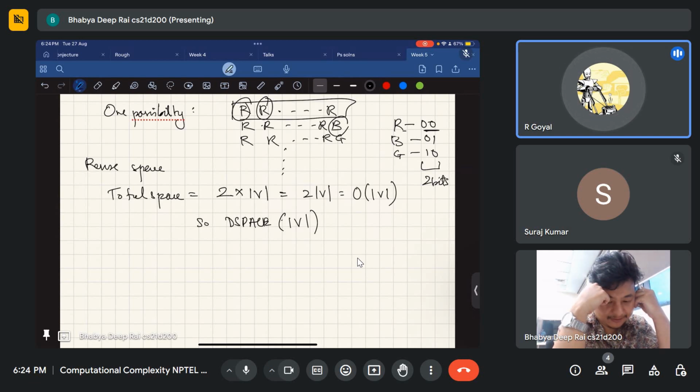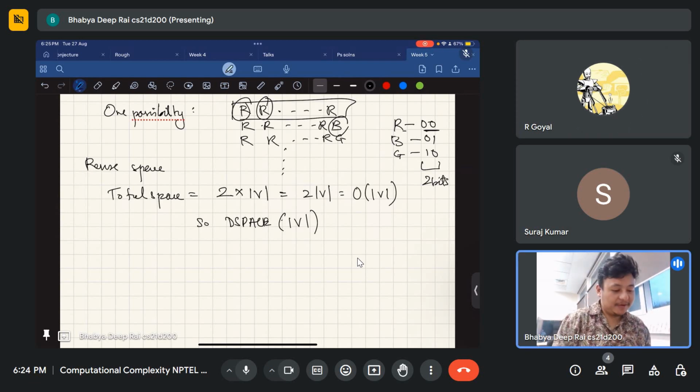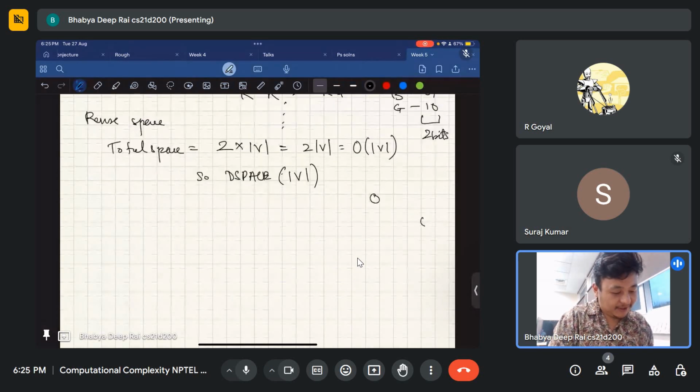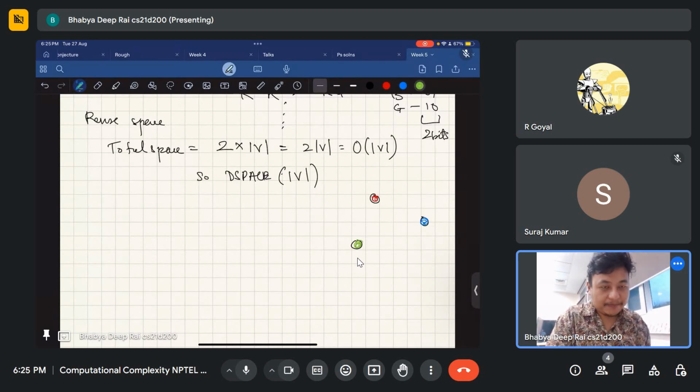So on this tape, instead of storing the colors of all the v vertices, I just need to maintain the colors of the 3 vertices only, or at the most 4 vertices. On the working tape, to measure the space complexity, I just need to maintain a pointer and store the colors of the 3 vertices. No, that is not enough. Let's say you took any 3 vertices and checked whether I can color them red, blue, and green.